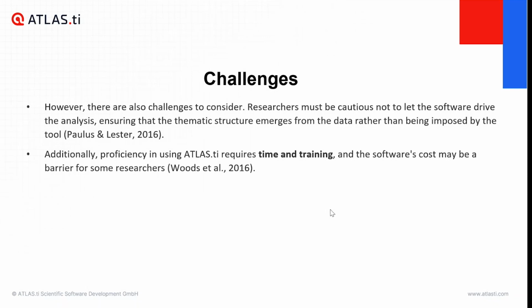With the AI features and some advanced features, it is easy to be tempted to allow the software to do everything for you. You can do the AI coding, and it can just code everything for you in 2 minutes. So you should be very cautious.